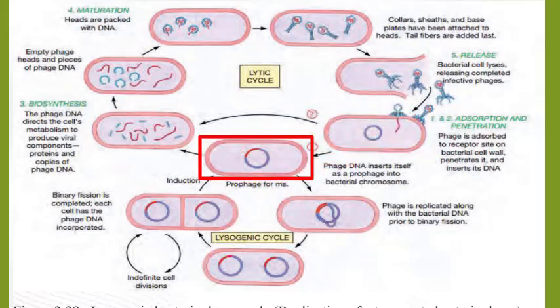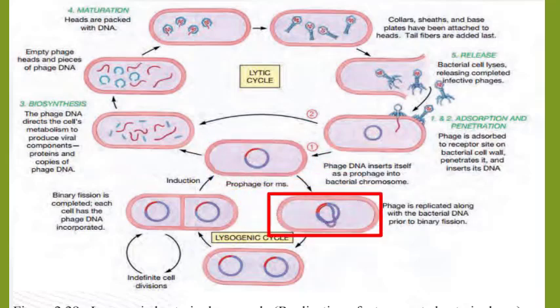The third step is integration. The viral genome integrates into the host DNA by forming a prophage. This process is mediated by viral enzymes like integrase enzyme. That means phage DNA inserts itself as a prophage into the bacterial chromosome.